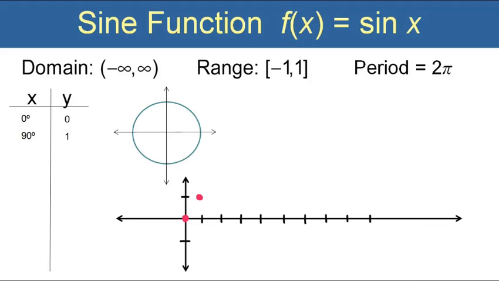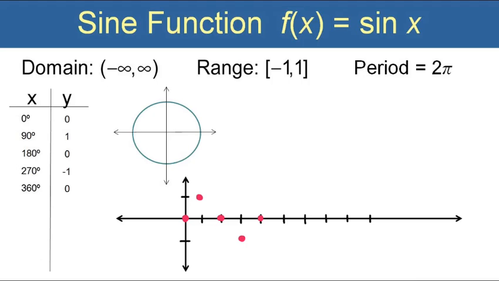And continuing on around the circle, 180 degrees is 0 right here. And then 270 degrees would be right here, so that sine is negative 1. And then back to 360 degrees, the sine again is 0.